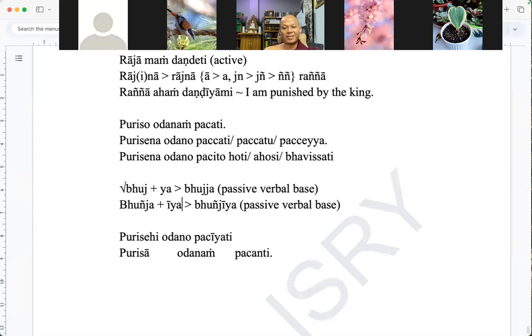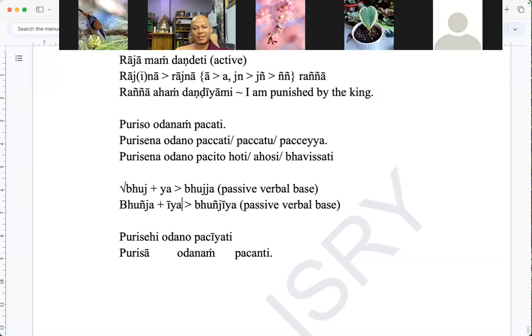Okay, Ashley. Bante, may I ask, for example, the word punja, you said that this is the passive verbal base.